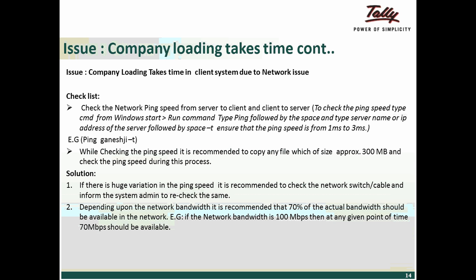If the network bandwidth is 100 Mbps, then at any given point of time 70 Mbps should be available, so that it is a good network where read and write activity, data processing and data accessing will be fast, at a manageable speed. If it is below that, at 60%, 55% or 50%, then the network needs to be relooked.